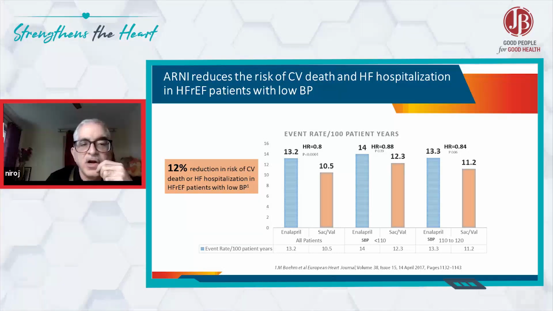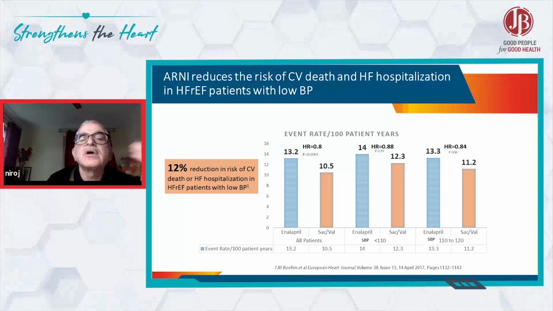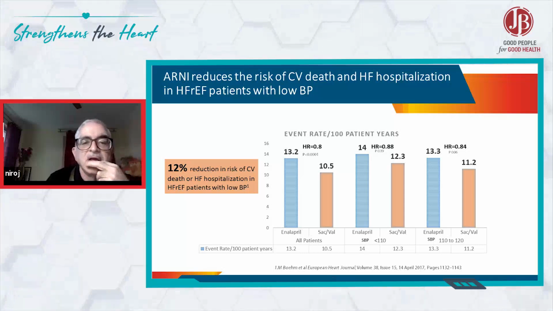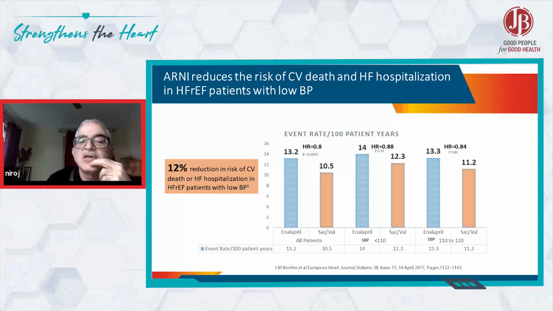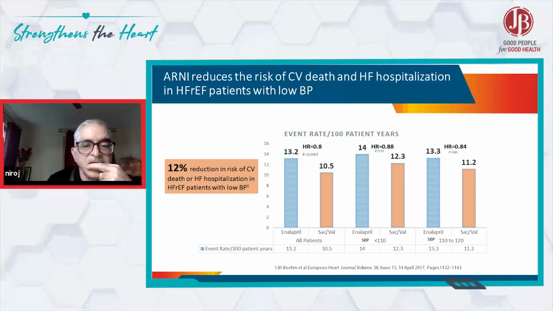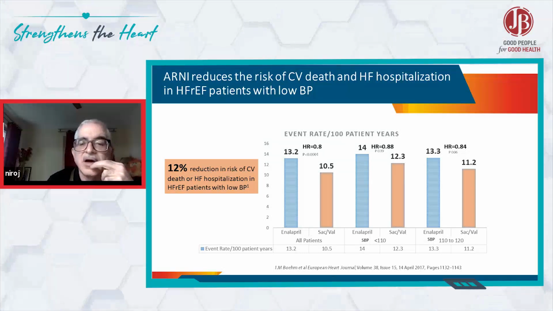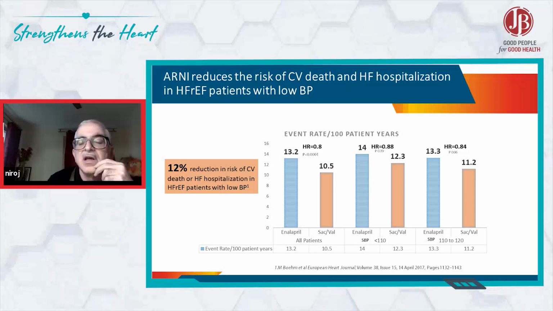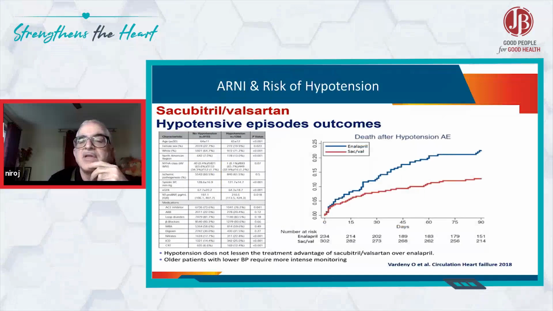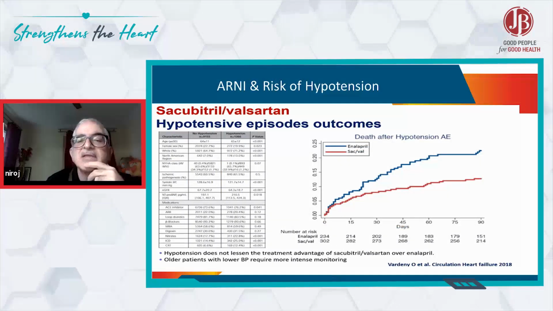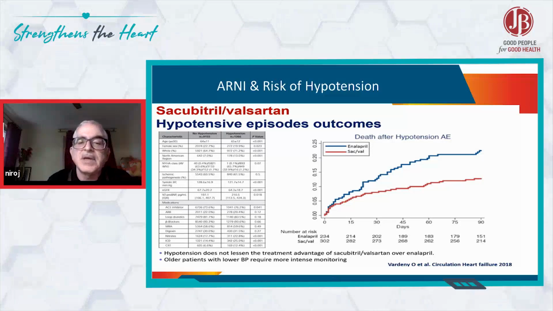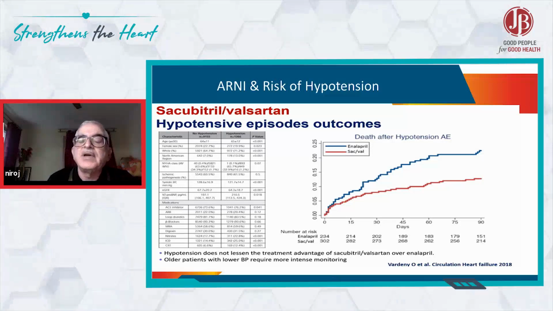And then when you look at the hypotensive episodes and the outcomes related to hypotension, when hypotension occurs, the deaths with enalapril and the deaths with sacubitril valsartan, you can see the death after a hypotension adverse event is significantly less with sacubitril valsartan. That means even if the patient develops hypotension, the benefit is there.